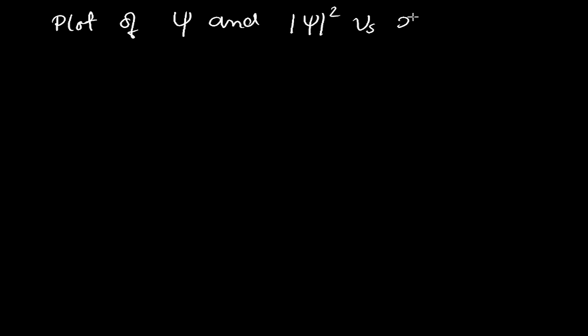Now the next point is the plot of the wave function and the population density versus the position. In this plot we will have three points: a maxima, a minima, and a node.